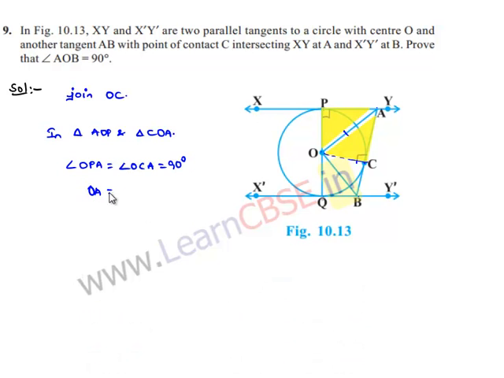Therefore OA will be equal to OA, which is common side in both the triangles, and also OP will be equal to OC, since it is the radius of circle. All the radii from the center to any point on the circle will be equal.